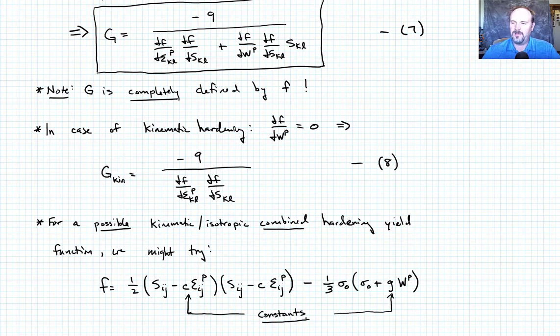Of course, once I've written this, I can call this equation 9. Now that I've written this equation 9, it's pretty easy to go back into equation 7 and compute all those derivatives and compute G from that. Okay, so it's fairly straightforward. And then obviously I would compute the constants from, let's say, a uniaxial tension case, but to calibrate I'd have to know not just a single load up, I'd have to be able to unload and see how that yield curve shifted.